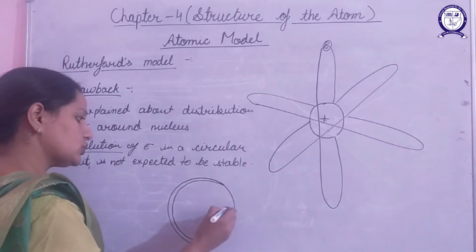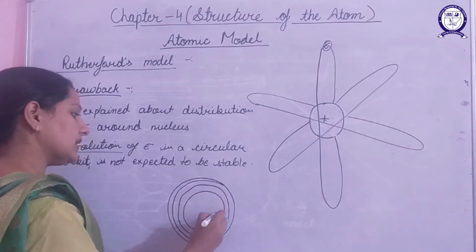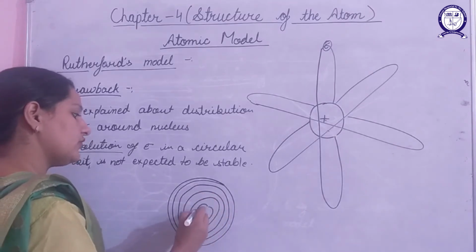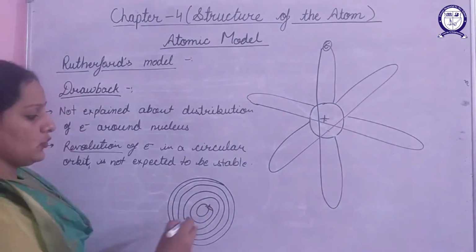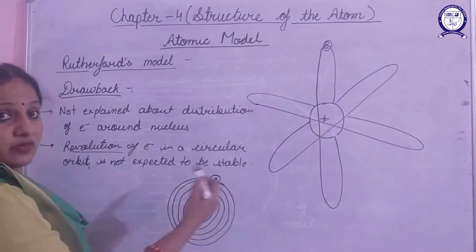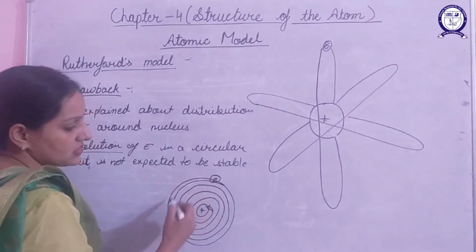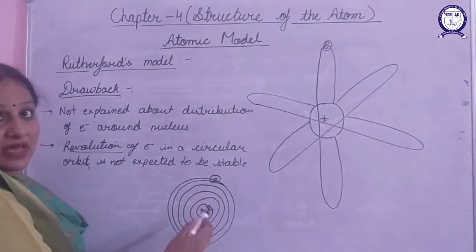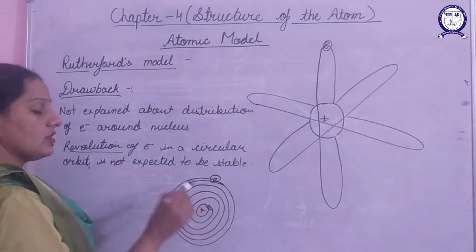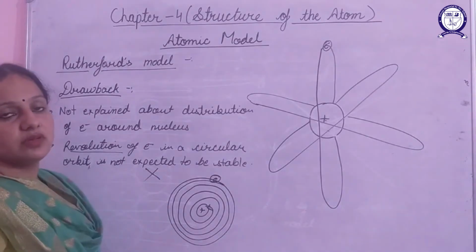It starts to shrink, follows a spiral path, and finally falls onto the nucleus. If this is a nucleus and this is the orbit of an electron, when it revolves, it loses energy, its orbit starts to shrink, it follows a spiral path, and finally it falls on the nucleus. So this was the major drawback of the Rutherford model.